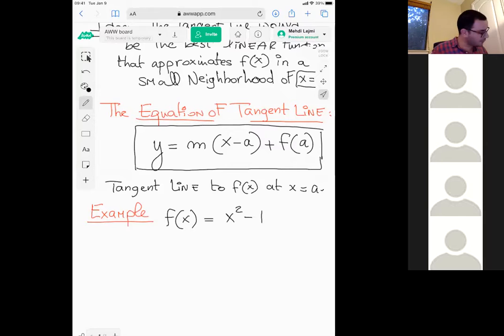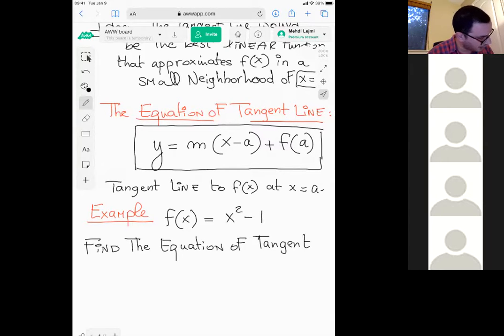So what we're going to do, we're going to try to find the equation of the tangent line to the function f at x equal to 2, right?